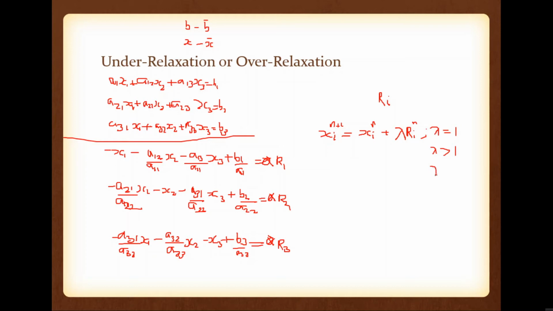And if lambda is less than 1, this is the under relaxation method. Okay. So please note xi n plus 1 equals xi n plus lambda Ri n, where lambda equals 1 for normal relaxation, lambda greater than 1 for over relaxation, and lambda less than 1 for under relaxation. Is it okay?